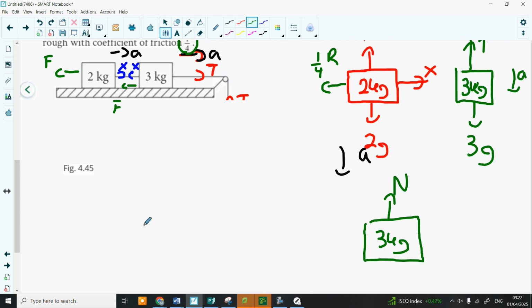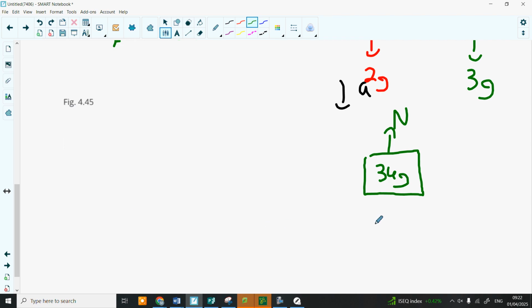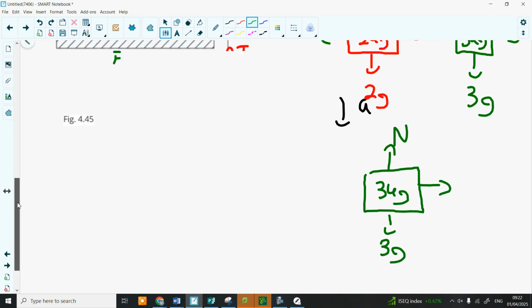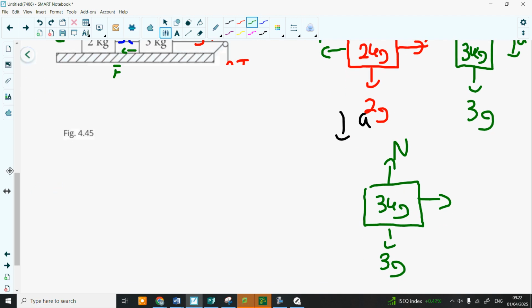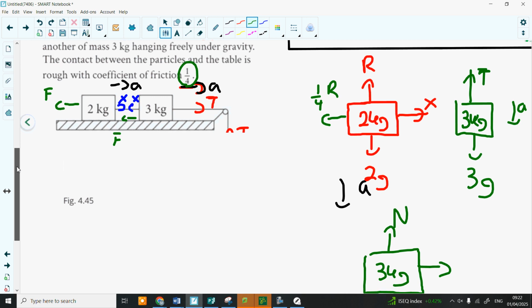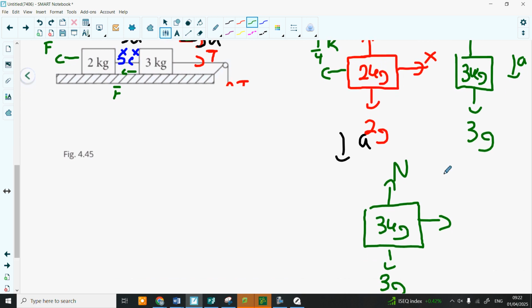Because R is already used. Yeah. And then what are we calling it? 3G. What's pulling it to the right? T is X to the right. Oh, sorry, it's T to the right. Yeah, you're right. T to the right and X to the left. But there's something else to the left as well. A quarter N. You all right?